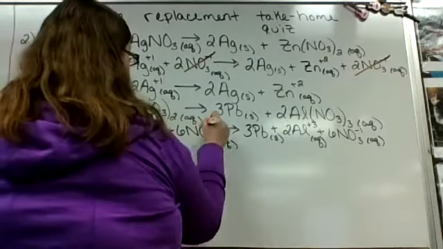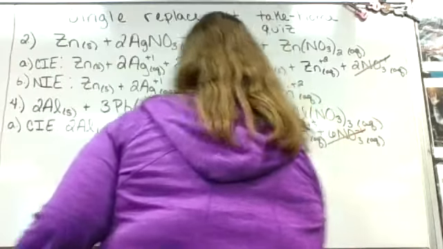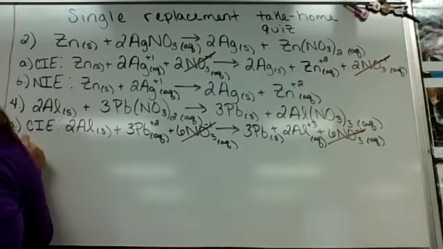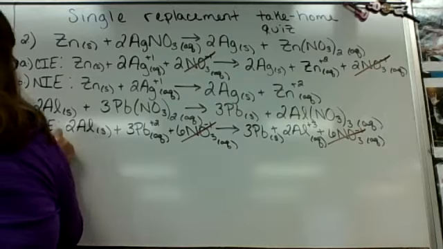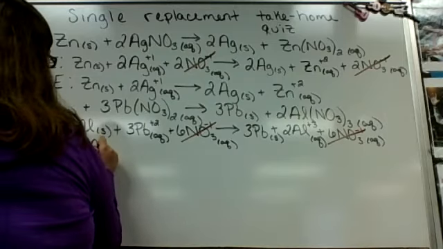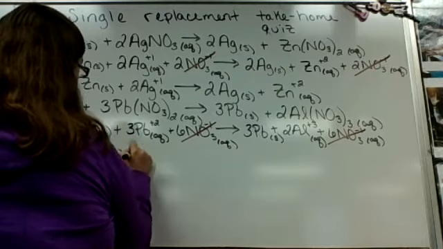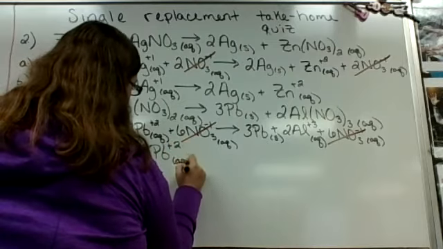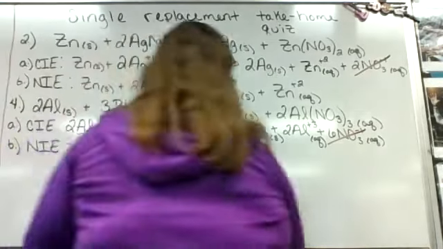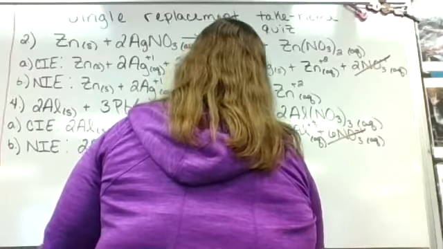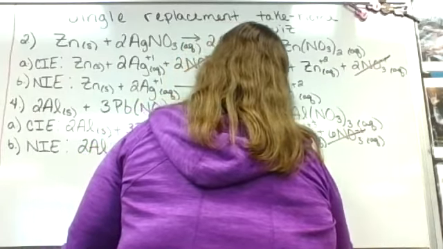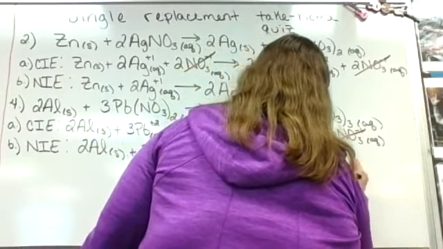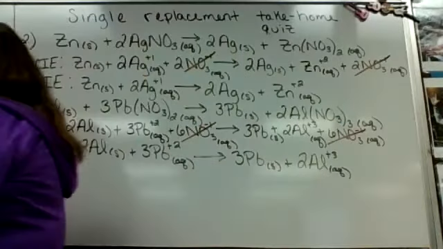The 6 NO3s. And that net ionic equation is 2 neutral aluminum atoms plus 3 lead-2 ions aqueous yields 3 lead atoms, neutral, plus 2 aluminum cations. Aqueous.